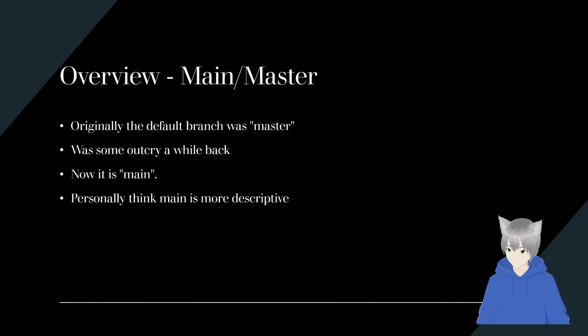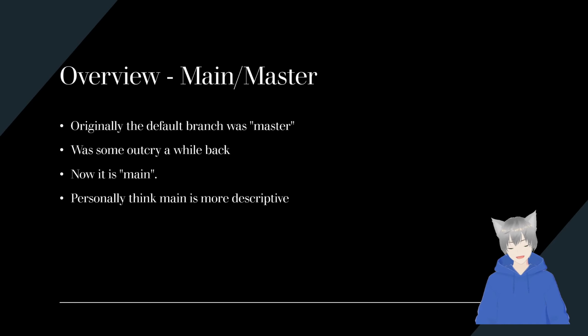So, a few years ago there was a slight bit of controversy about the naming of the main branch. I'll talk about branch later, but originally it was master, because there was master and slave terminology, in that the master is the source of authority, and the slave was the one that you got orders from the master.